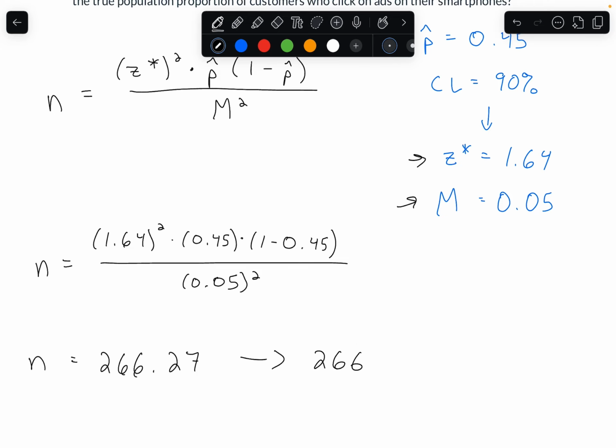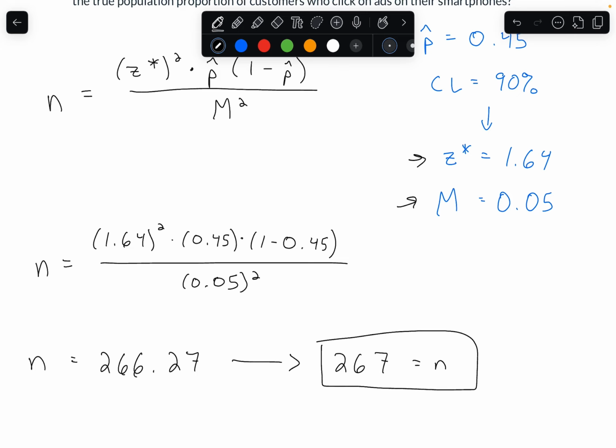But if I decrease my sample size, that will increase my margin of error, which means my margin of error would actually be a little bit above 5%. I don't want that. That's a necessary condition. So for these types of problems, n always has to go up. n is not allowed to go down, n is only allowed to go up. So n should be 267 for this particular problem.